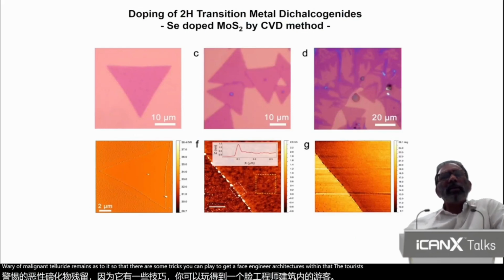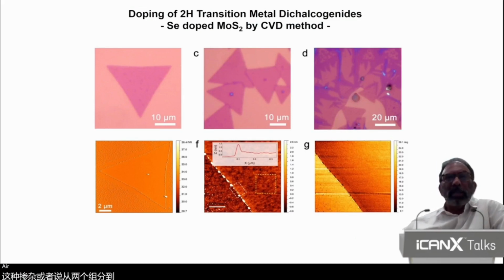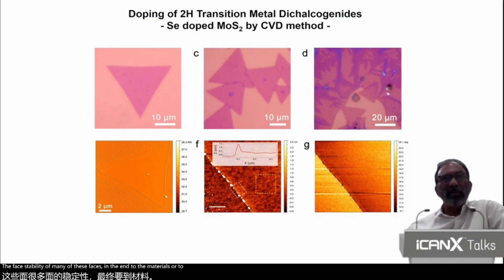And the final piece that I want to mention is about this doping, or going from two components to higher components. Again, this is a phase diagram approach. People have done some work, but not too much in terms of understanding the phase stabilities of many of these phases in 2D materials or TMDs.